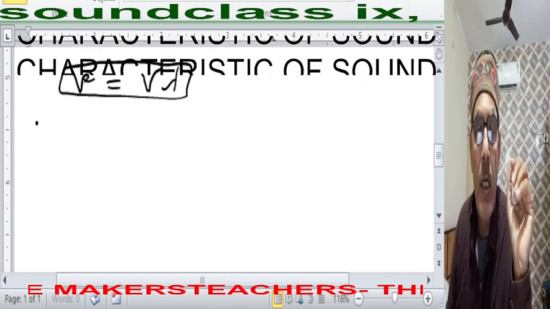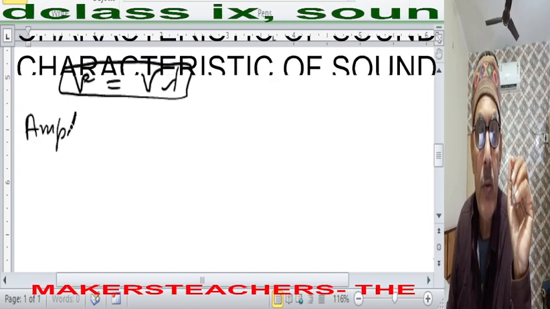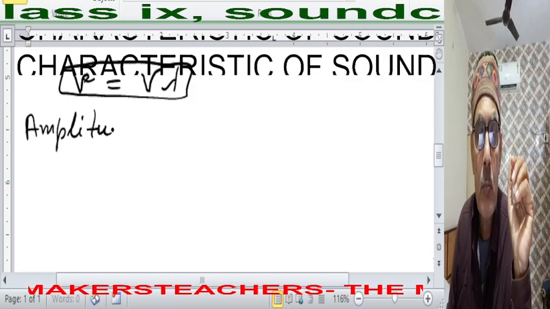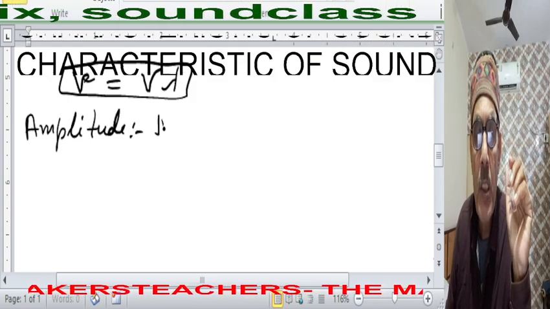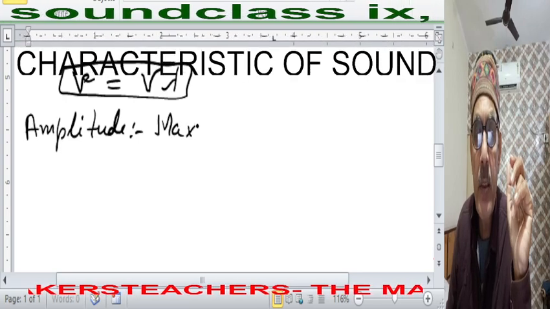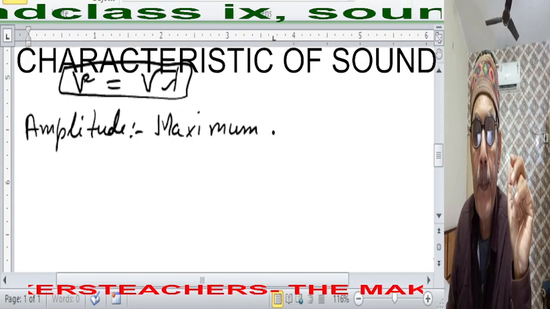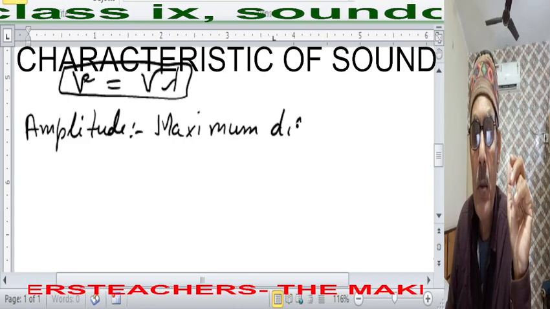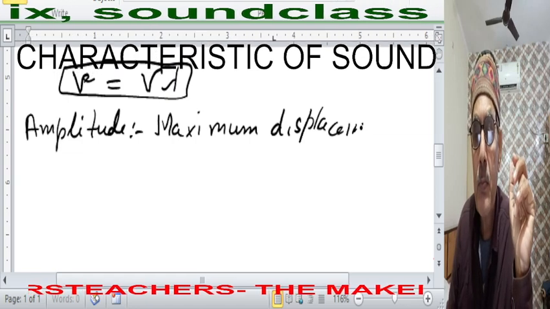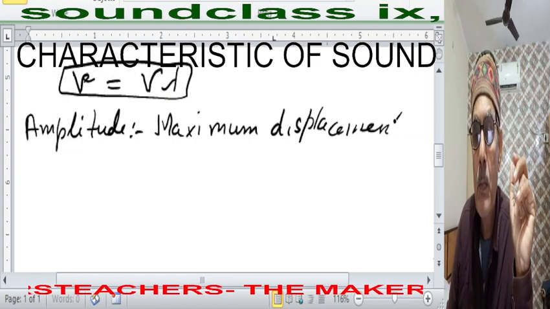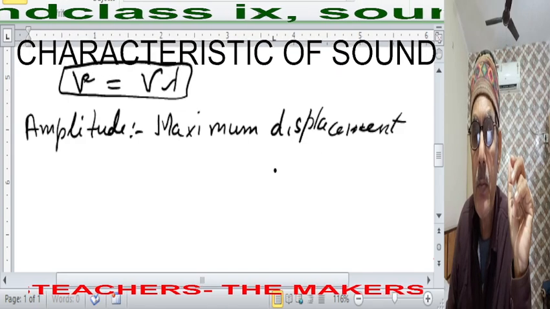उसके बाद आता है आपका एम्पलीट्यूड. Amplitude is maximum displacement.